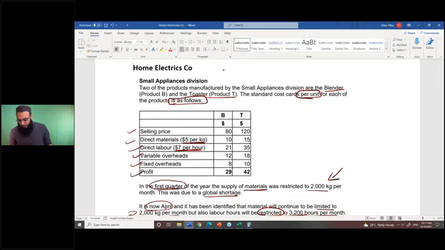It's a straightforward calculation that you have to do here. You have the selling price of T here, and that's 120. From this 120, you minus materials of T, 15, minus 35 labor, minus overheads of 18. Okay, and this gives you the contribution of 52. Okay, 52 is the contribution.